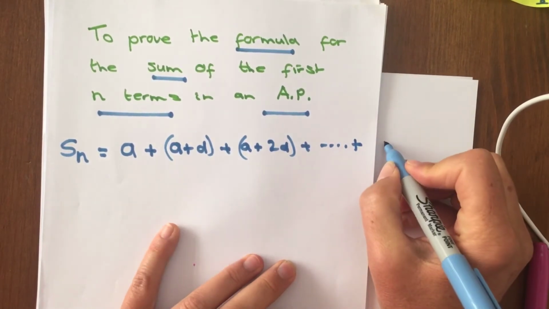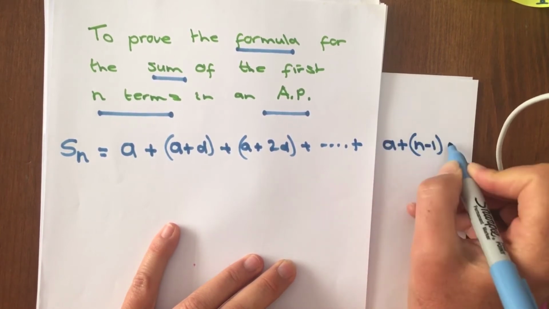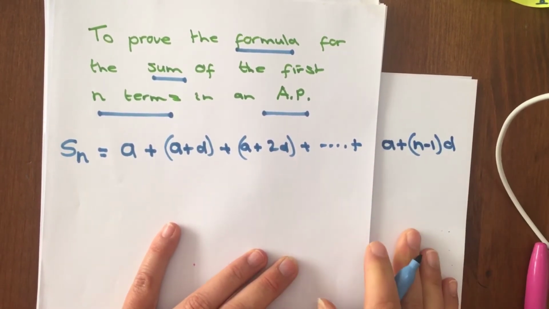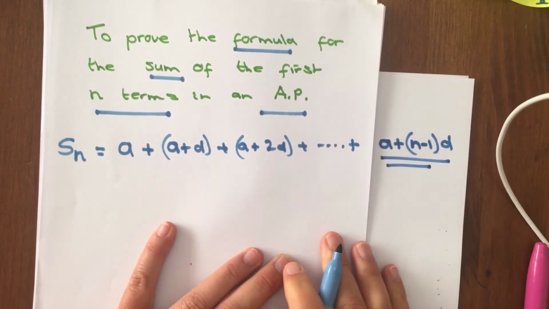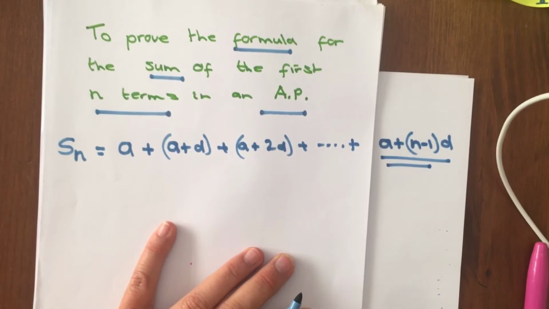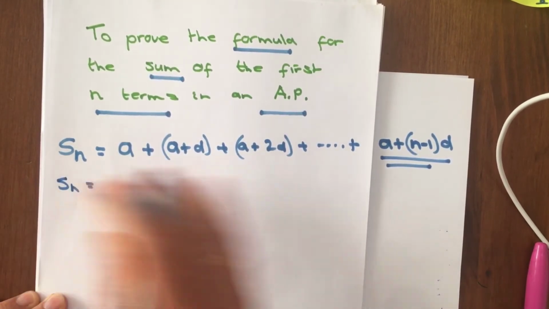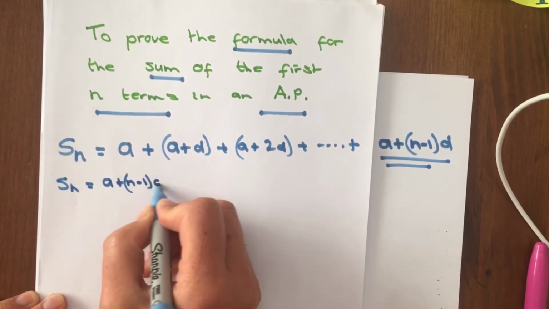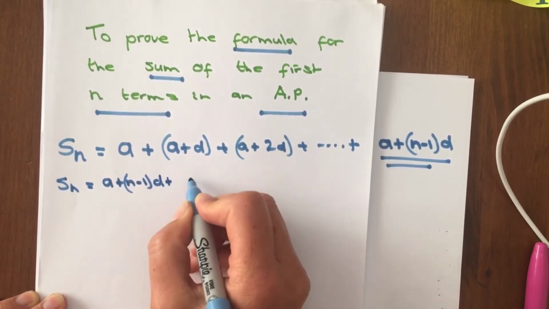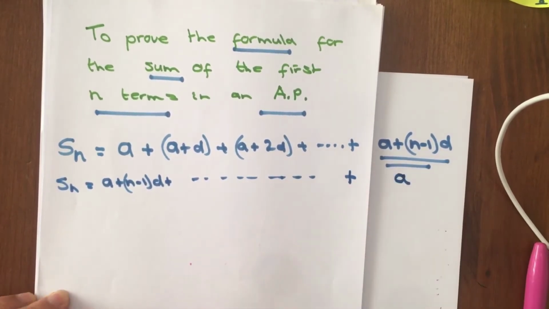Now my nth term is the last term in my sequence, which will be that, because this is the rule for my nth term. Now, if I write this rule backwards, so this was my last term, that's my second to last, all the way to my first term.